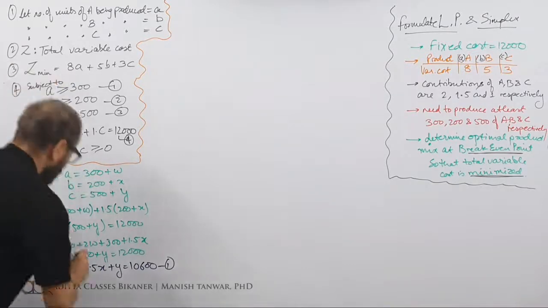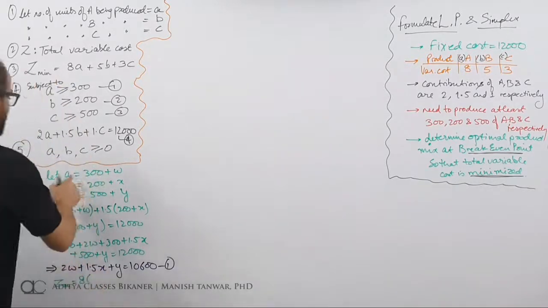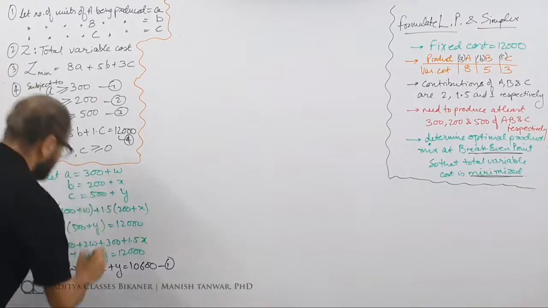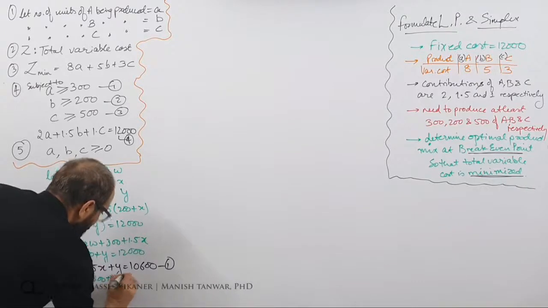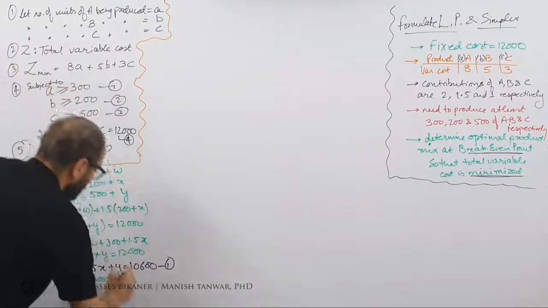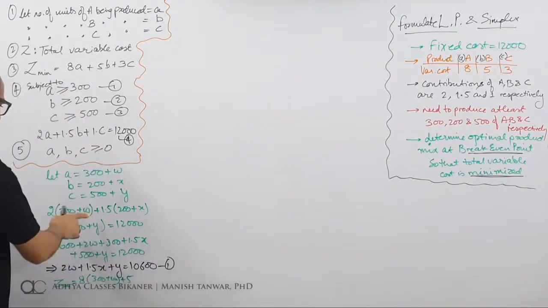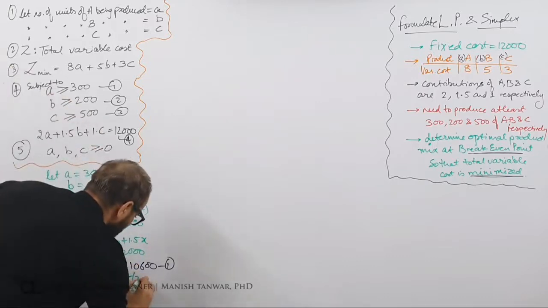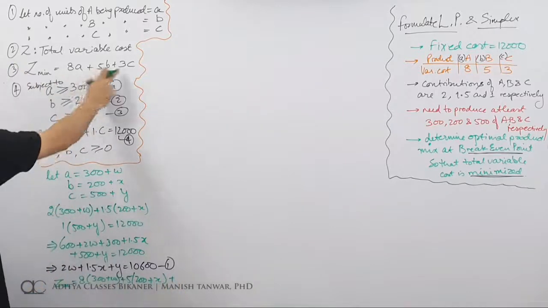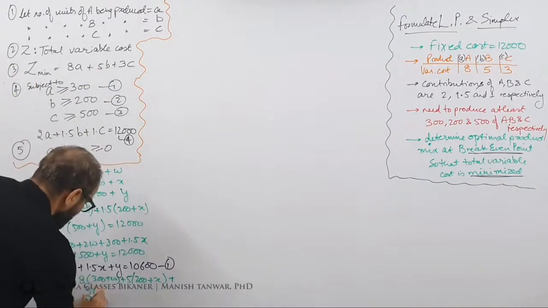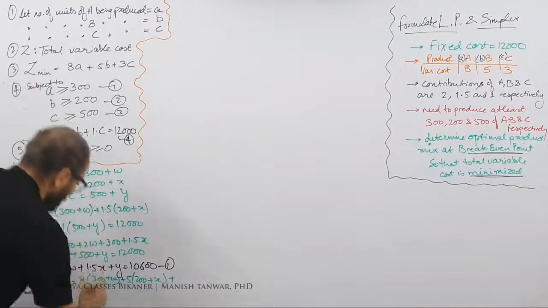So z-min is equal to 8 into, A becomes 300 plus w, plus 5b, 5b is 200 plus x. Plus 3c, C is 500 plus y.